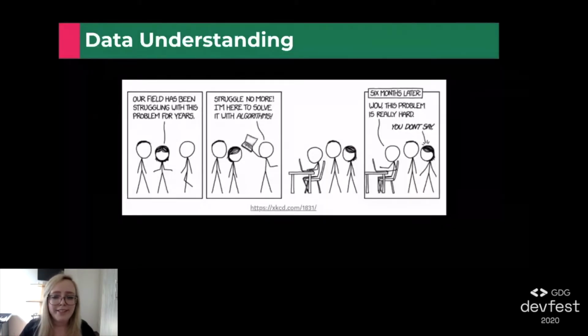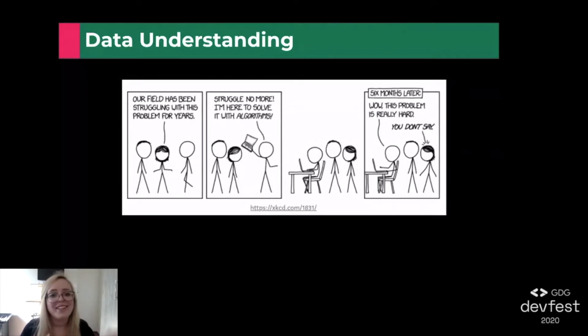If it's not, throw it away. It's not going to help you. Find something that is more useful for your use case. But if it is relevant to the problem you're solving, then you'll probably start looking into the fields of your data set and trying to understand them. Maybe you'll start looking at how they impact your dependent variable and maybe what their distributions look like.